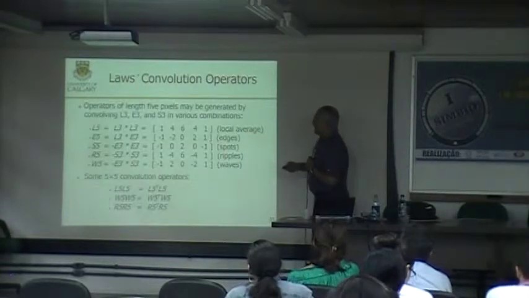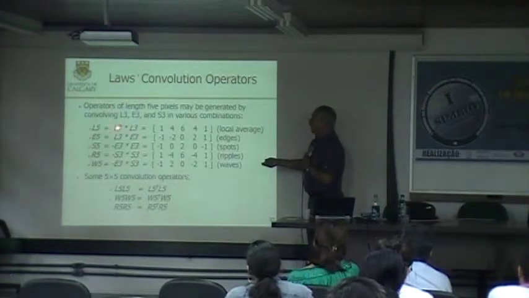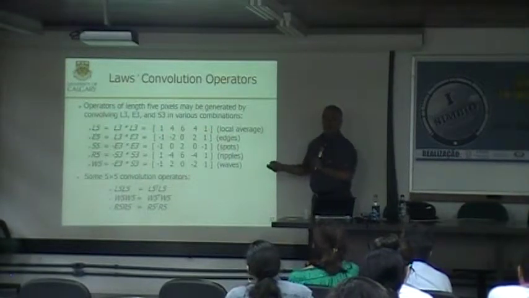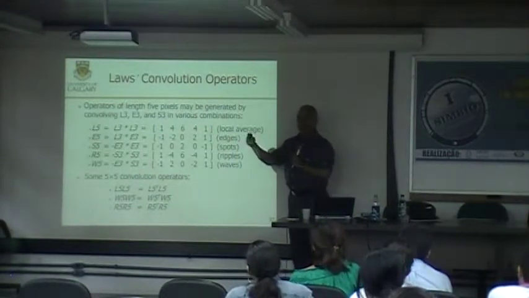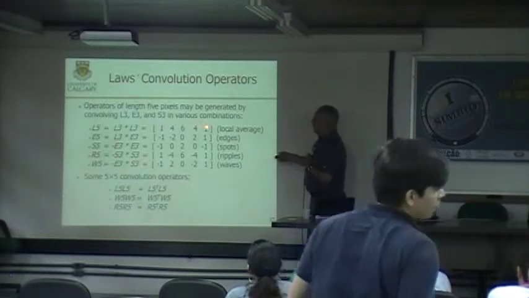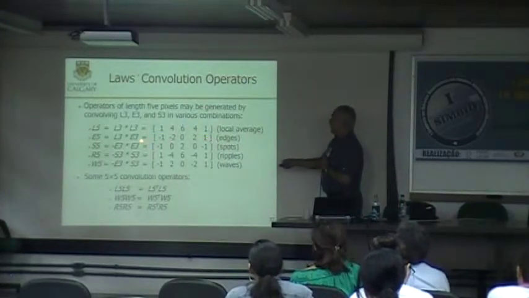And then he said, combine them. You can combine 2 of them in the same direction, convolve L3 with L3, it becomes size of 5. 3 samples convolved with 3 samples will give you 3 plus 3 minus 1, 5. It's a bigger filter. So this is local average, this is edge, spot.